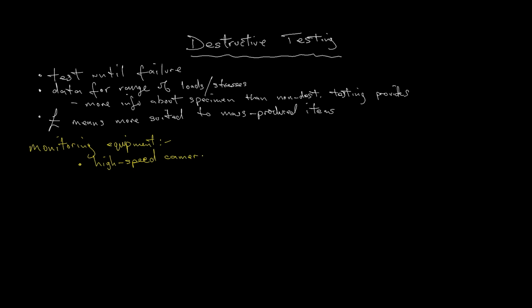That way we can actually see a specimen break apart, snap, fracture, wherever it might be. Also, for that reason or other reasons, we can use a sound detector, or we can use a nice simple stress gauge. Okay, these are commonly used in destructive testing.